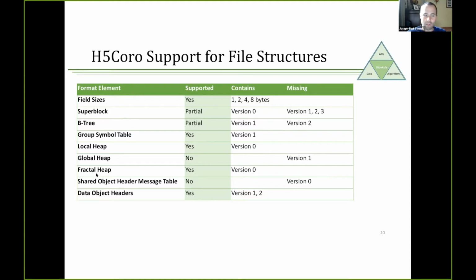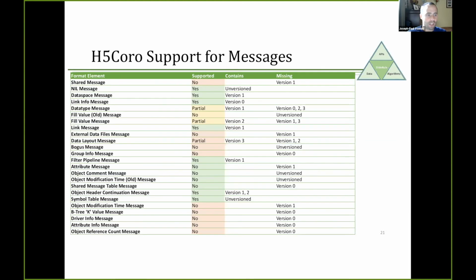And so you have to be able to support fractal heaps and global heaps and local heaps and group symbol table, as well as the header messages. And in some sense, for our purpose, they were all doing the same thing. But I needed to implement a good number of these. These are all the different messages that need to be supported. And again, all the different versions for those messages.